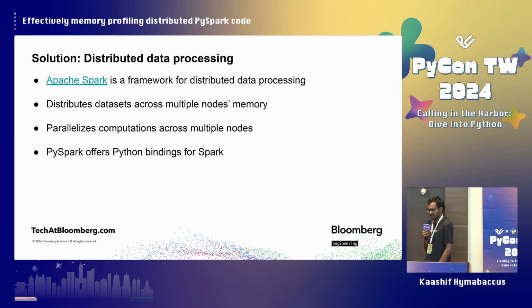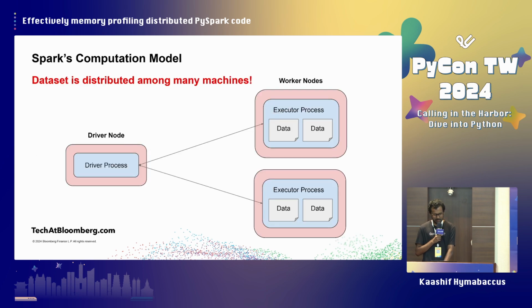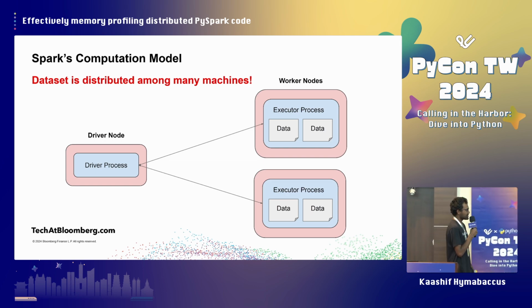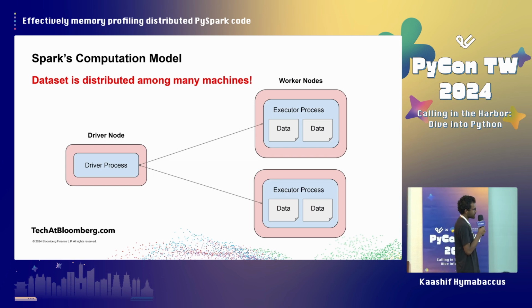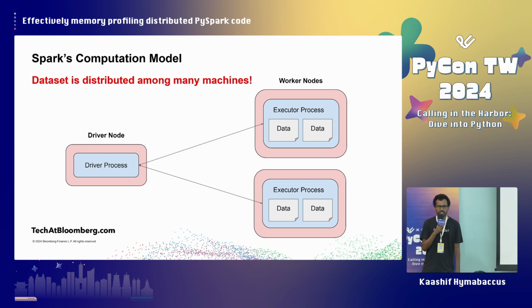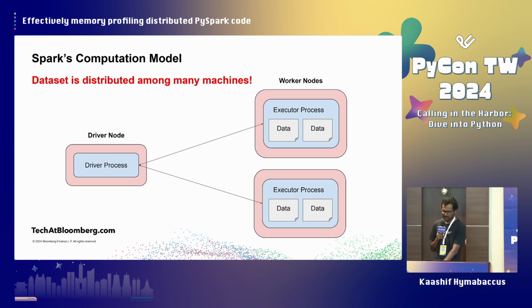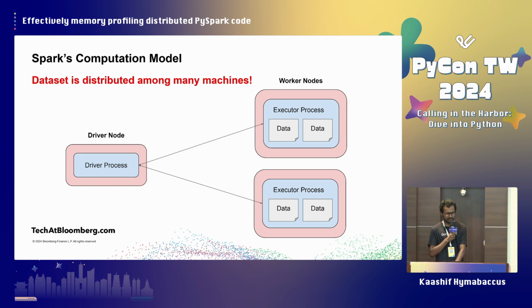Spark is written in Scala, and you can obviously call it from Java too, but PySpark allows you to call it from Python. Before, we had all of the data on one machine in one process, and now you can scale horizontally with PySpark and load all of your data at the same time into multiple machines and multiple processes. This is what allows you to load the whole data set at once.